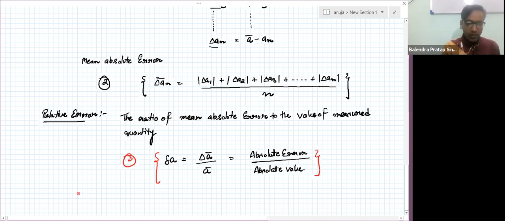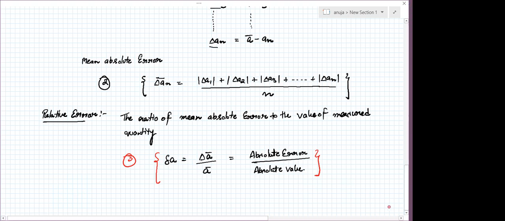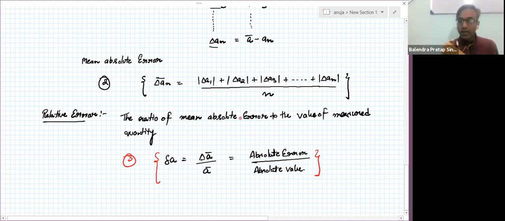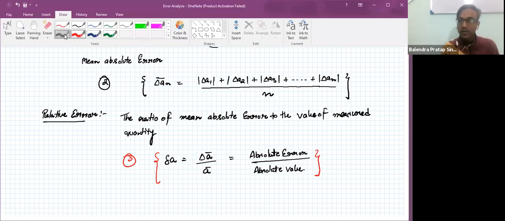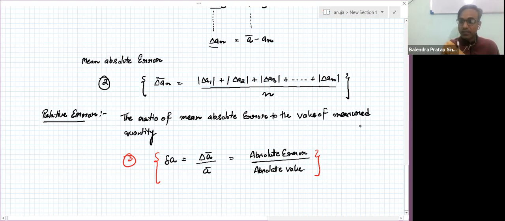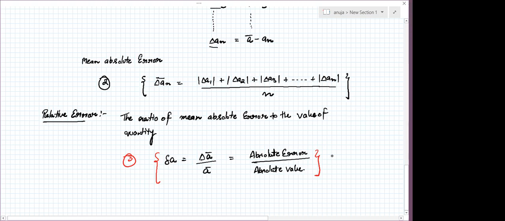There are basically four things in this topic of error analysis. First, you have to find the true value. Second, you have to find the absolute error or mean absolute error. Third, you have to find the relative error using this formula. And the fourth one is percentage error.